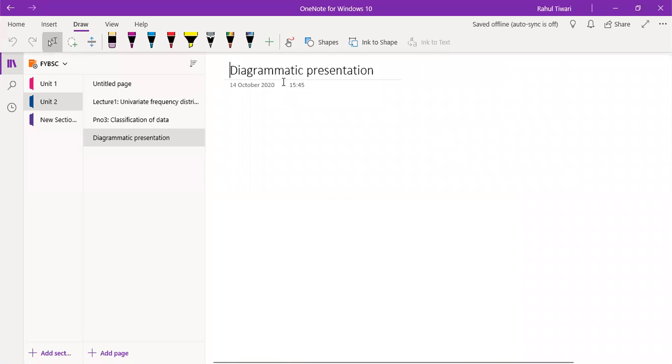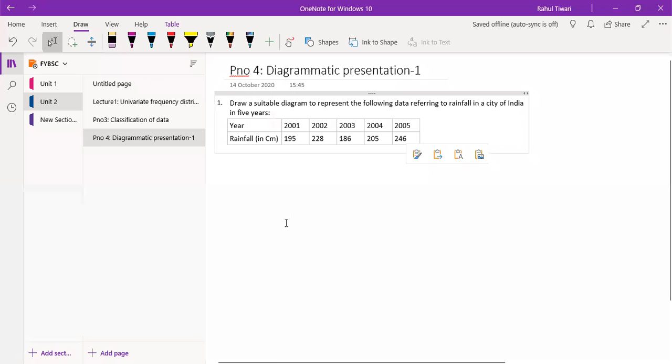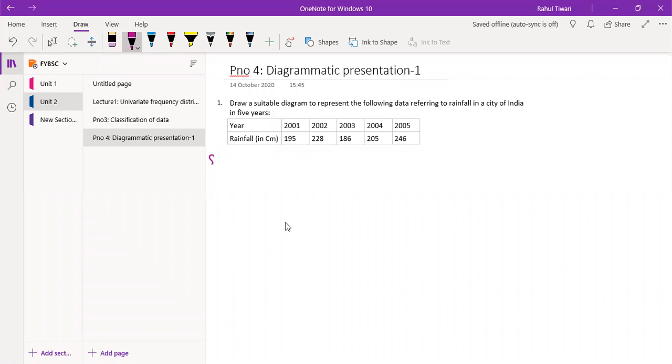I will say it is from practical number 4, data representation 1. So we have here question number 1 now in front of you. We have a solution here. Yes. So let me know this first of all.